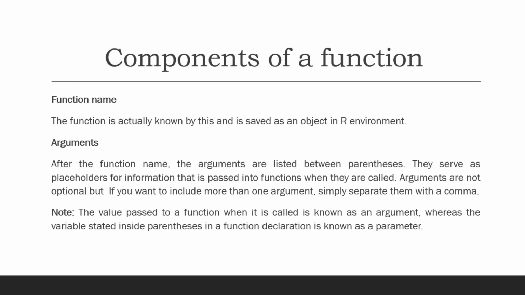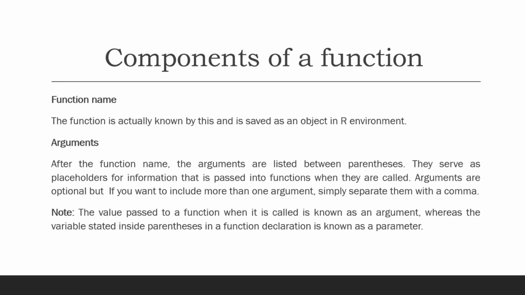Now let's see what actually is a function name. The function is actually known by this and is saved as an object in our environment. So this is actually the name of a function. Next we have arguments. After the function name, the arguments are listed between parentheses. They serve as placeholders for information that is passed into functions when they are called.